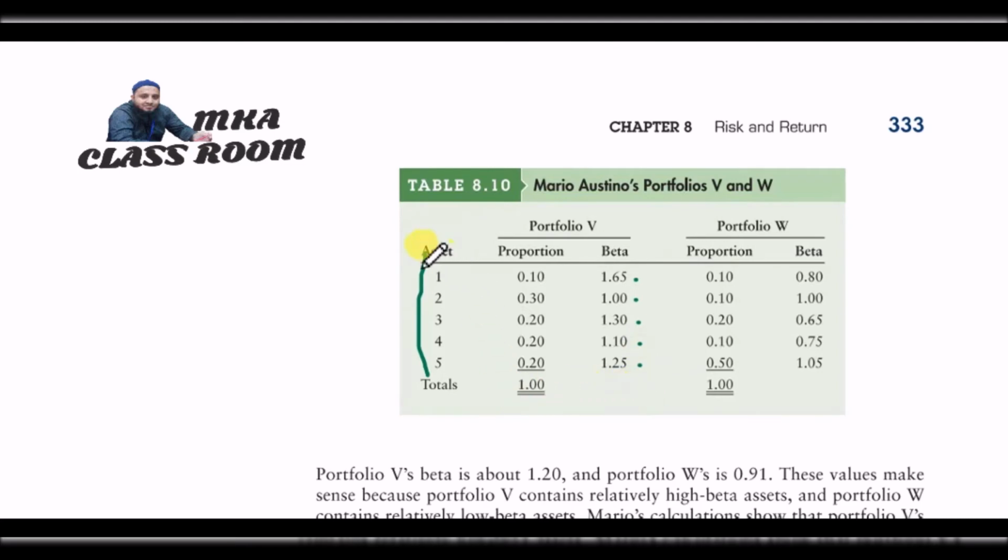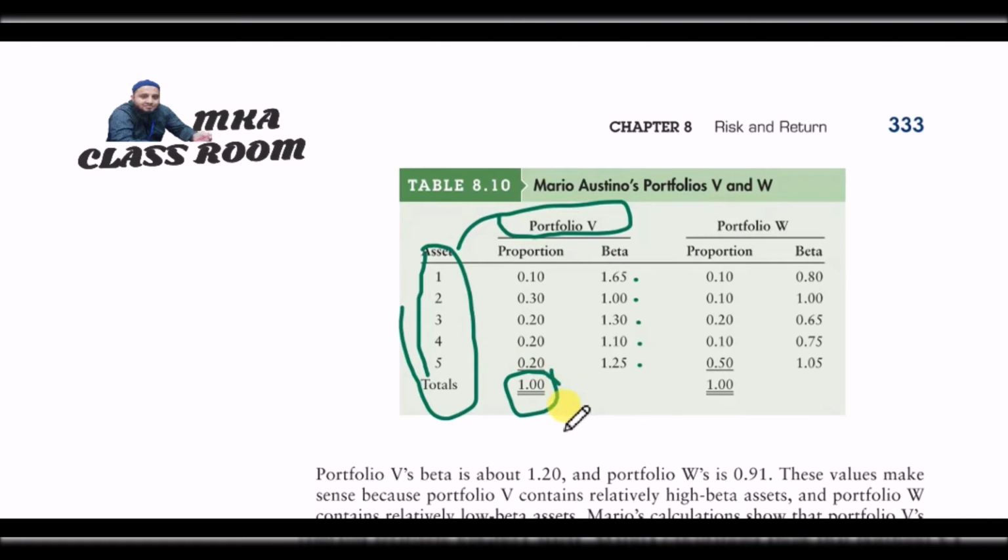So these 5 assets create a portfolio. Here are the proportions: asset 1 0.10, asset 2 0.30, asset 3 0.20, asset 4 0.20, asset 5 0.20. We know that all weights should sum to 1.